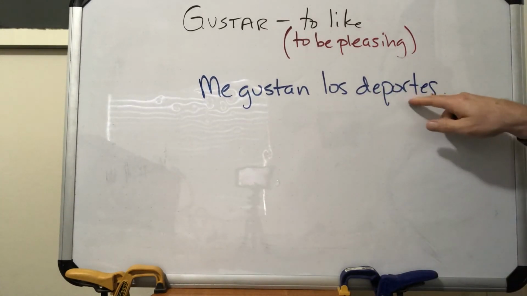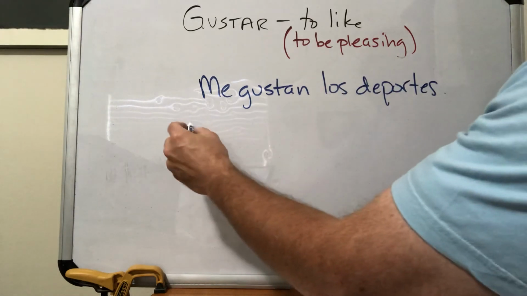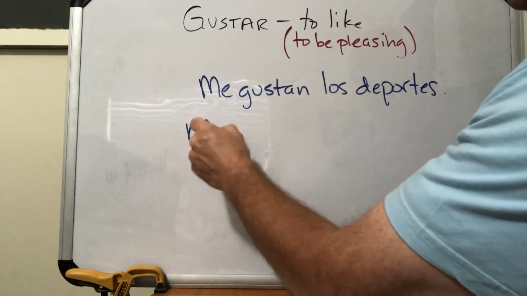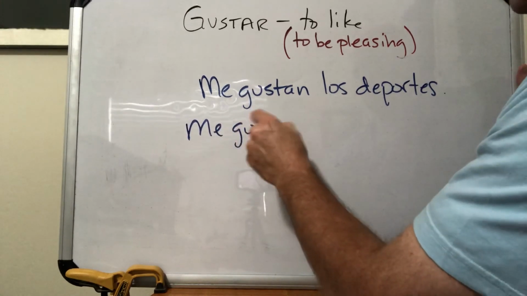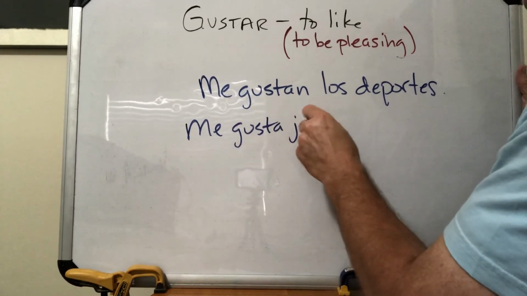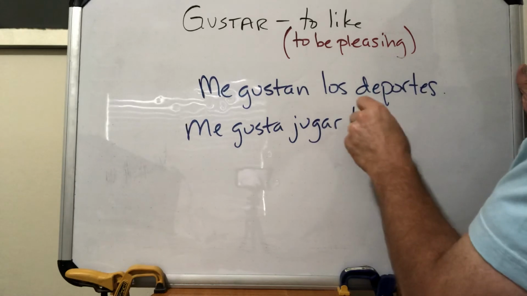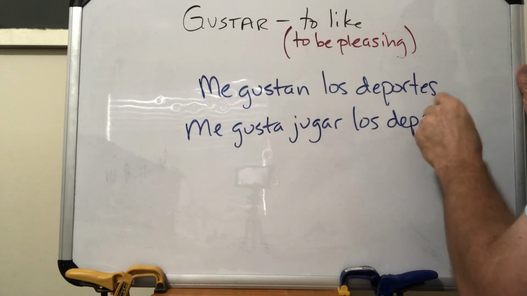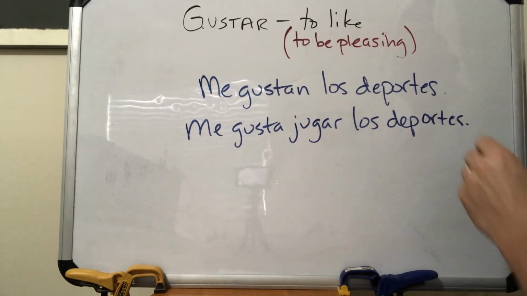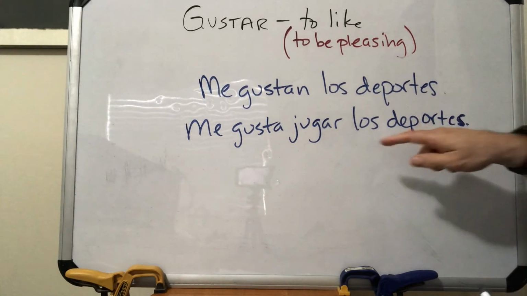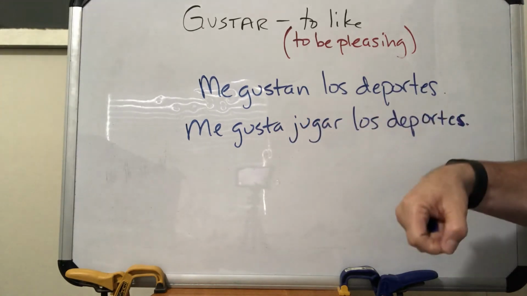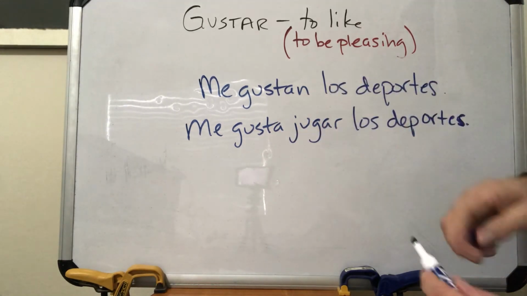Okay, and since sports is plural, we put a gustan. And then if we're going to change this to I like to play sports, me gusta jugar los deportes. Okay? So once we change it to an activity, now we will go back to gusta. Take the activity out, we'll use gustan.